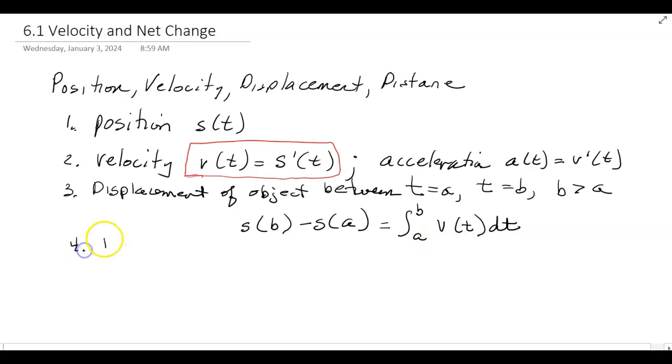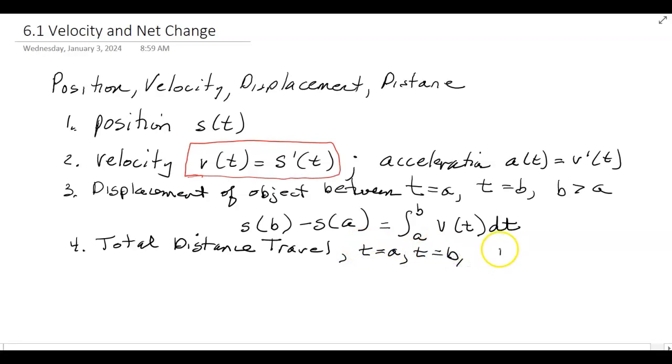Okay, now total distance traveled, of course, could be much more than your actual displacement. Again, we will go between t equaling a and t equaling b, where, of course, b is greater than a. But in this case, when we look at the integral from a to b, we want the absolute value of the velocity over those intervals.